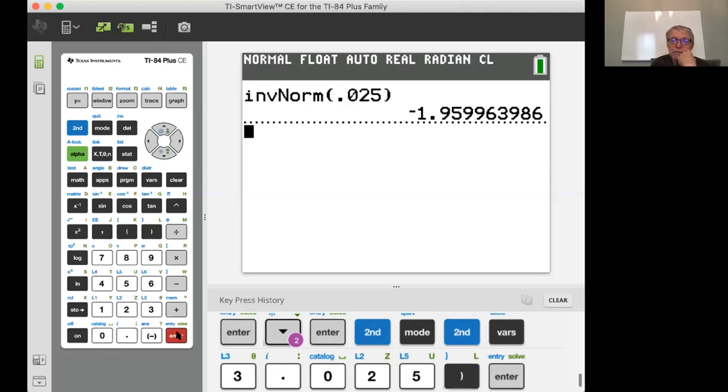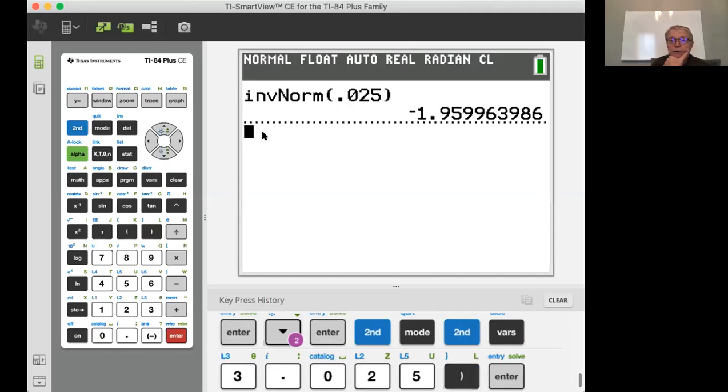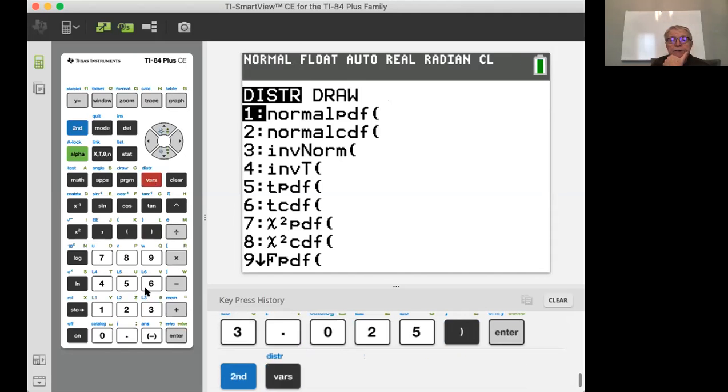And we get negative 1.96, which is what we'd expect. Since alpha is 0.05 and it's a two-tailed test, we need to remember 1.96 for the right tail and negative 1.96 for the left. Let's double check the right one. Second vars, 3.